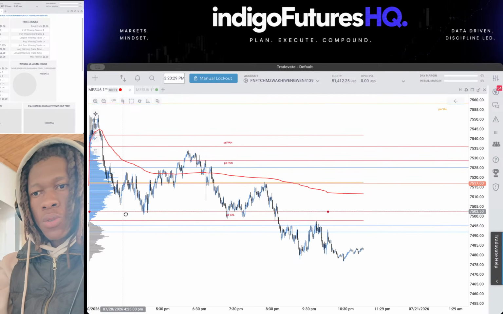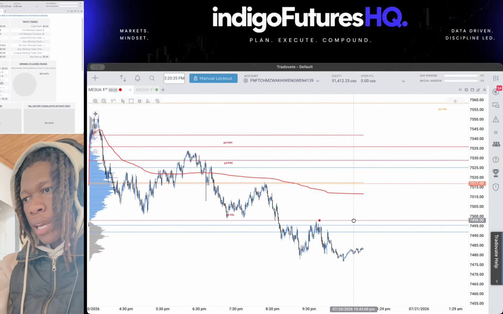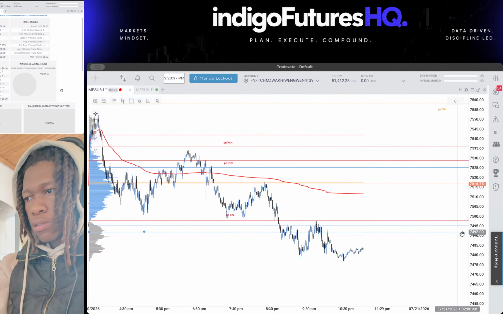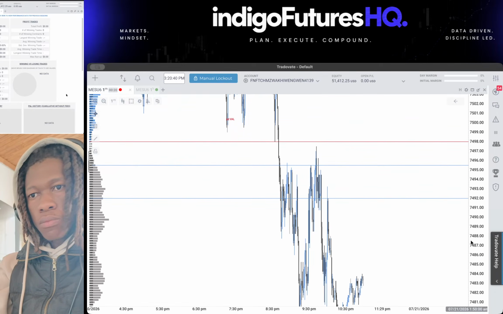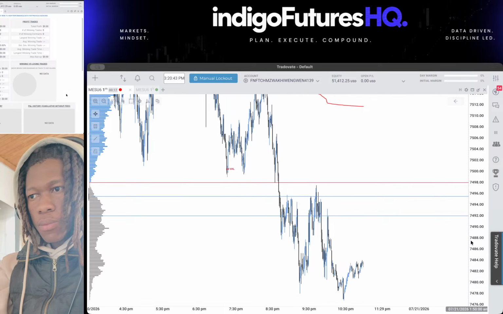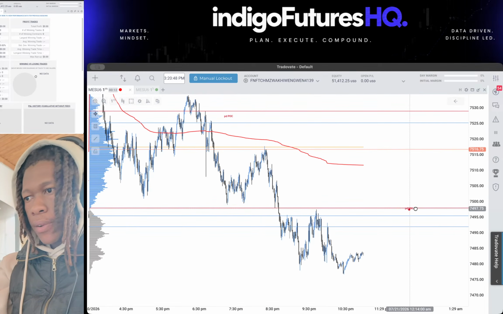So let's sort out our previous day levels. That seems alright. This is our previous day value area low.